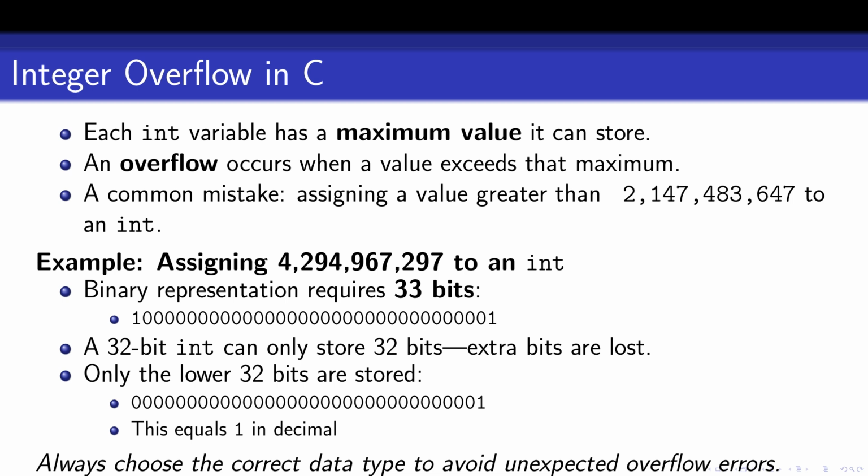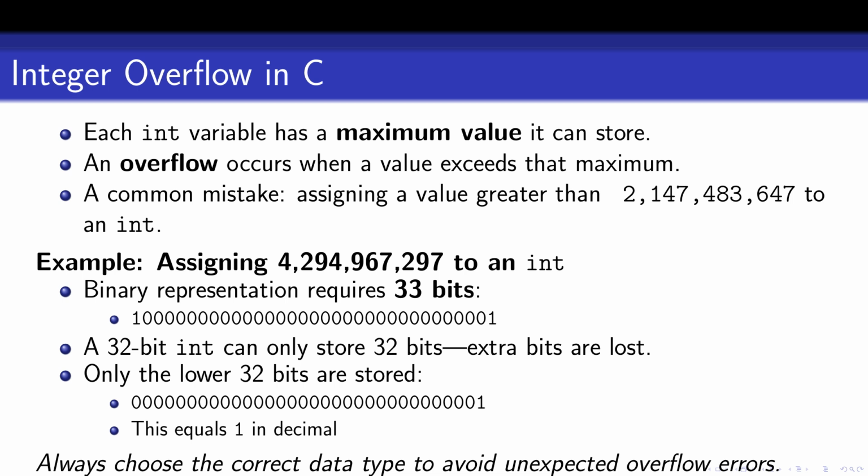The result: the high-order bits get chopped off, and you're left with an incorrect value, often something completely unexpected. For example, if the 33rd bit is dropped, the number stored may wrap around and appear as a small value like 1. This can lead to serious bugs, especially if your program relies on accurate counts or calculations.